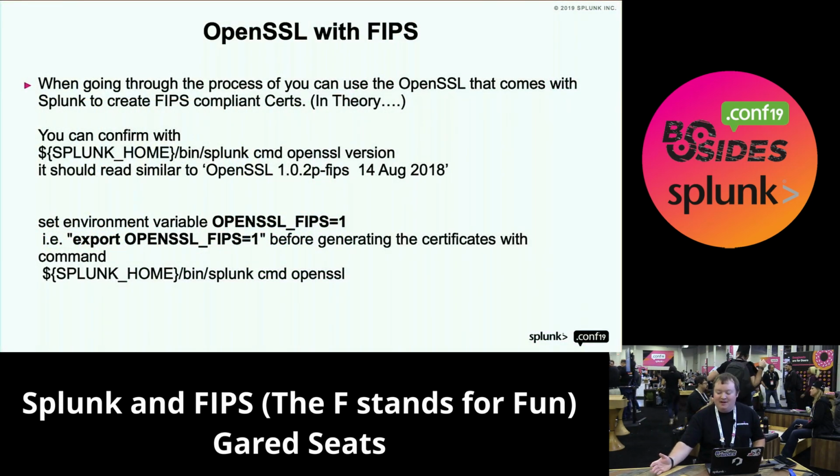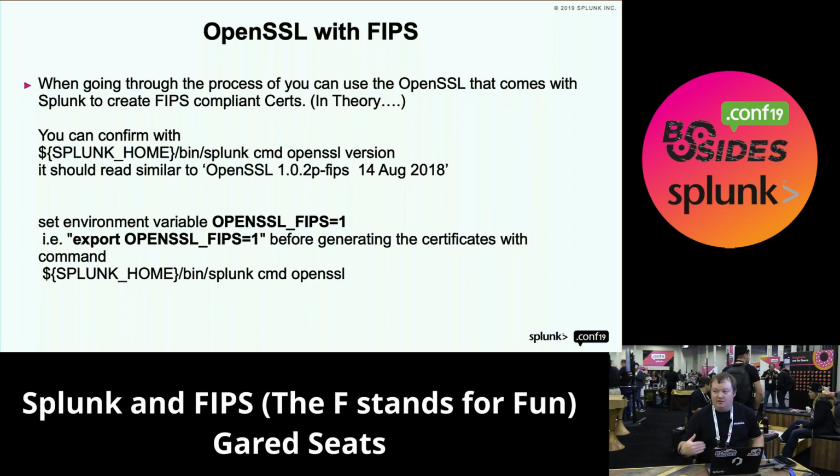The other thing to keep in mind is that Splunk uses the OpenSSL FIPS module to create the FIPS certs. You can do a basic confirmation by going into your Splunk bin and running splunk cmd openssl version, and this will tell you the OpenSSL version. It's normally OpenSSL 1.2 FIPS. This was, I think, 7.3, and I tested this out recently.